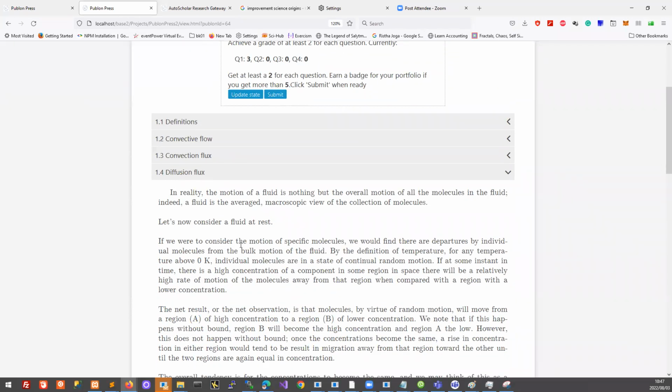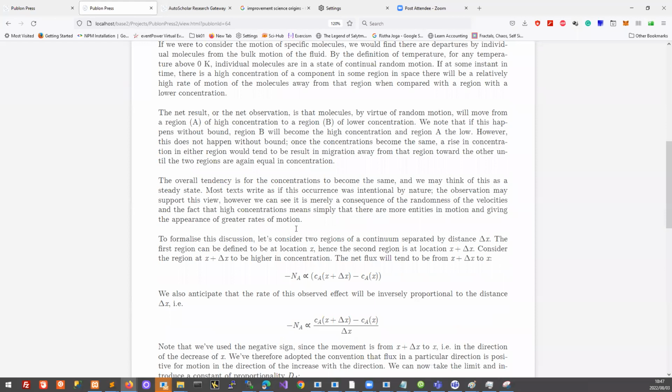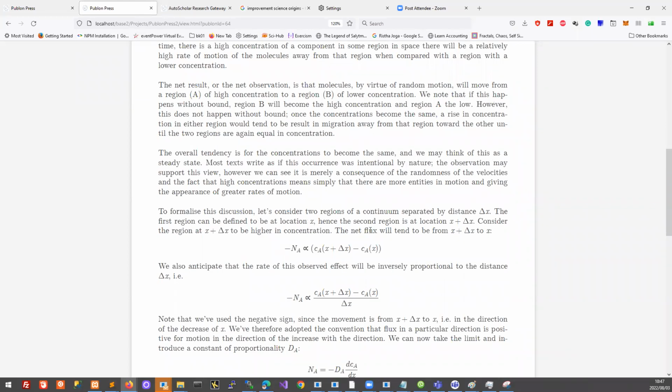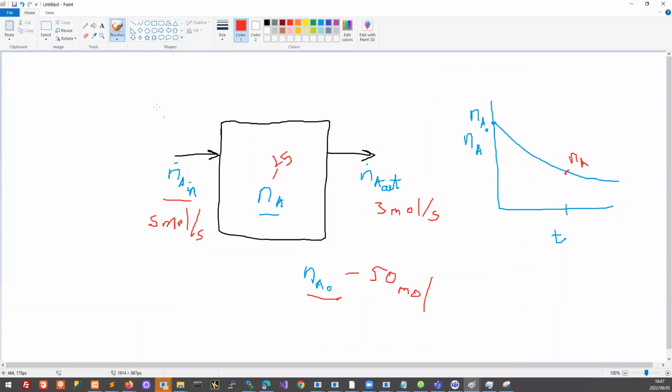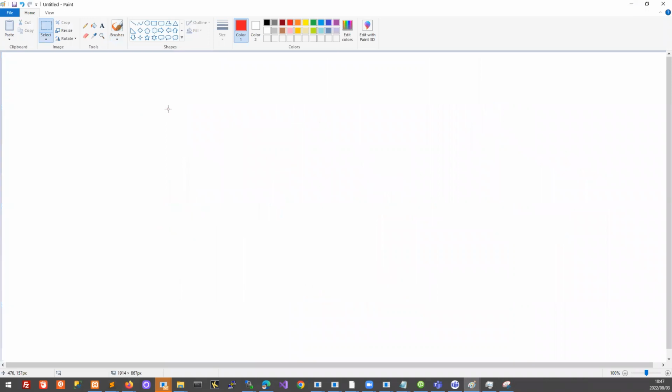And then diffusion flux. So towards the end of the last session, we said just by virtue of Brownian motion and the fact that you've got a space with different amounts of things, then you've got perhaps a high concentration in one region compared with the other region. And so overall you'll see a bulk movement from the one to the other.